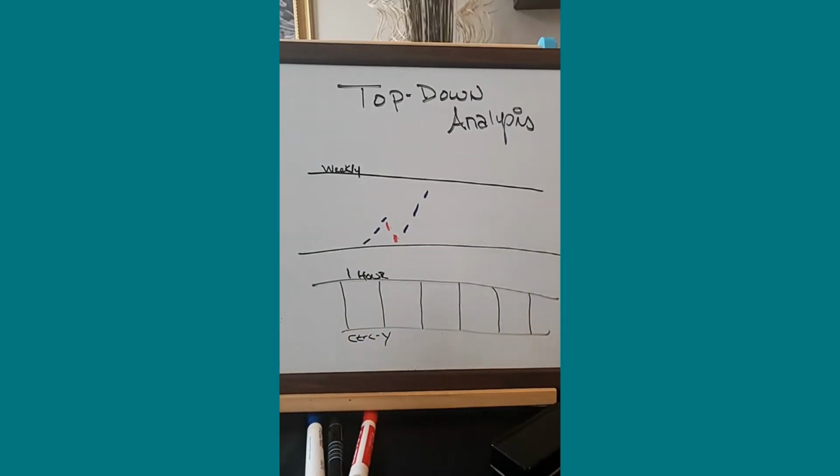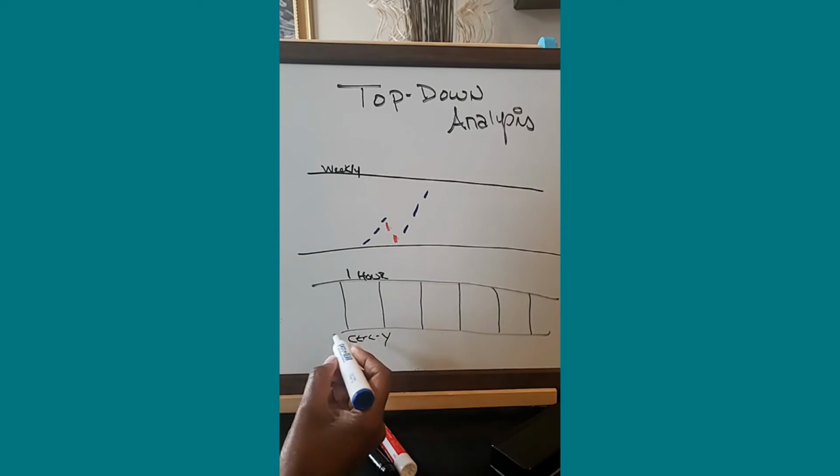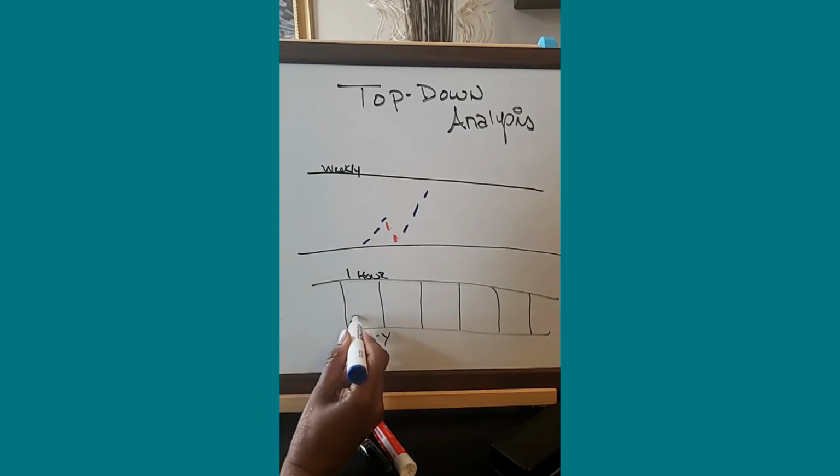So say, for example, here I am on a 1-hour chart, but I'm going to do my top-down analysis. I'm going to look at my weekly, because if I know that I'm in an overall uptrend, of course, that means I've got a lot of candles. I'm not going to be switching back and forth. I'm just going to show you.